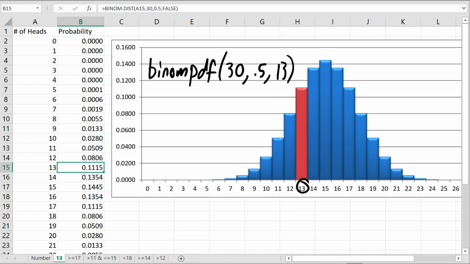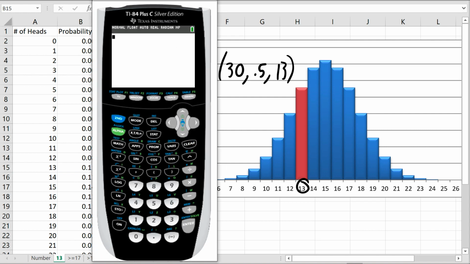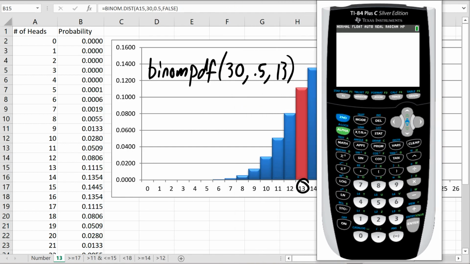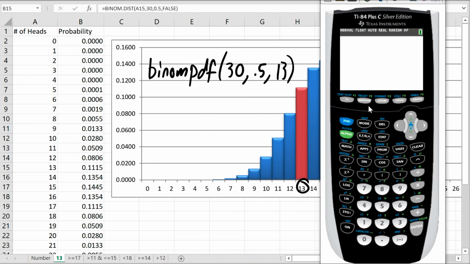All right, so we'll grab our calculator and type that in. To get to the Binome PDF, we'll press second and then the vars button to get to distributions. The first couple are normal distribution functions. The quickest way is to go up to Binome PDF. If you have a newer calculator, it's going to give you the menu option for trials, P, and the X value.